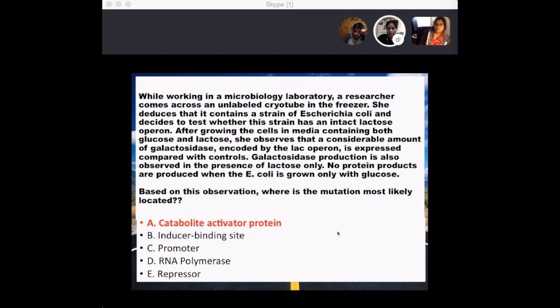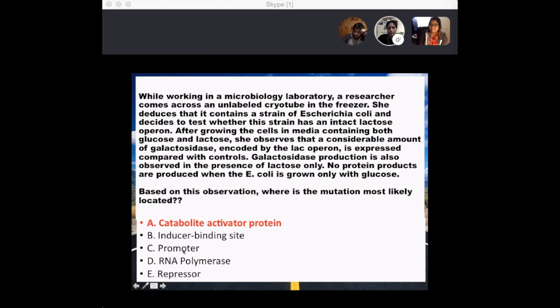But that's not occurring, and none of those things, like the inducer binding site, can occur if there's no lactose and there's no glucose available. And the inducer site is just not going to be associated.